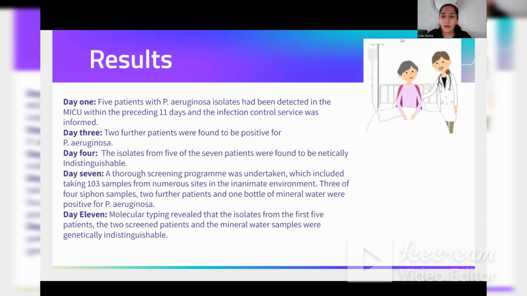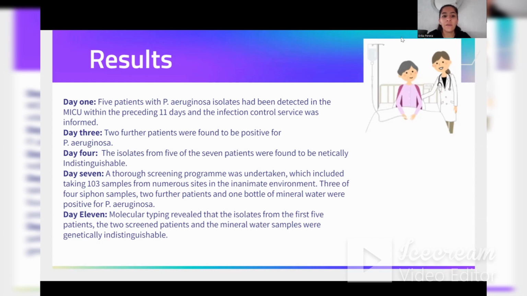So the results are that they found that at day 1, 5 patients with Pseudomonas were detected in the MICU within a period of 11 days, and the infection control service was informed. At day 3, 2 further patients were found to be positive for Pseudomonas, and at day 4, 5 of 7 patients were found to be medically investigable.